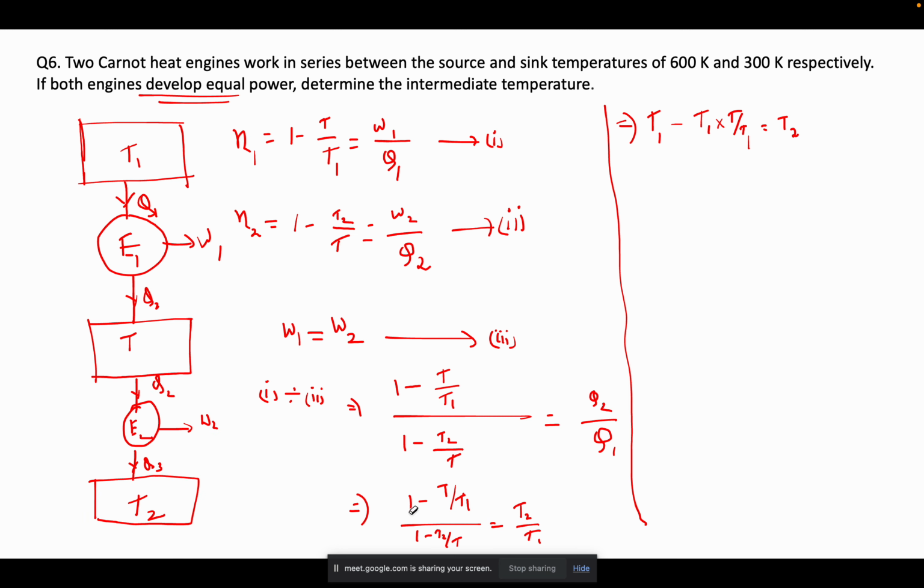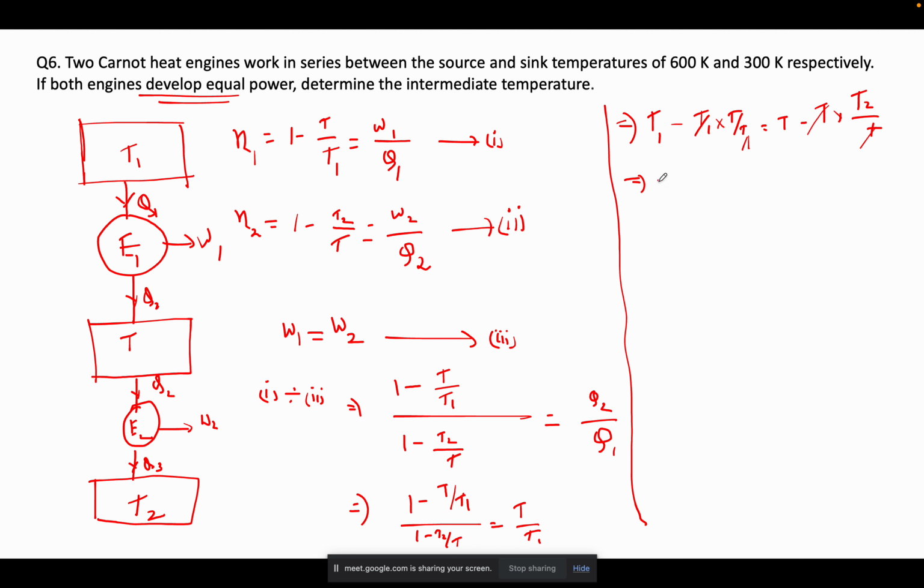Actually this confusion gets created because in the normal heat engine, this temperature I take as T2. Sorry for the inconvenience. Now this is T by T1, so that will be T into T minus T into T2 by T. So this got cancelled, this got cancelled.